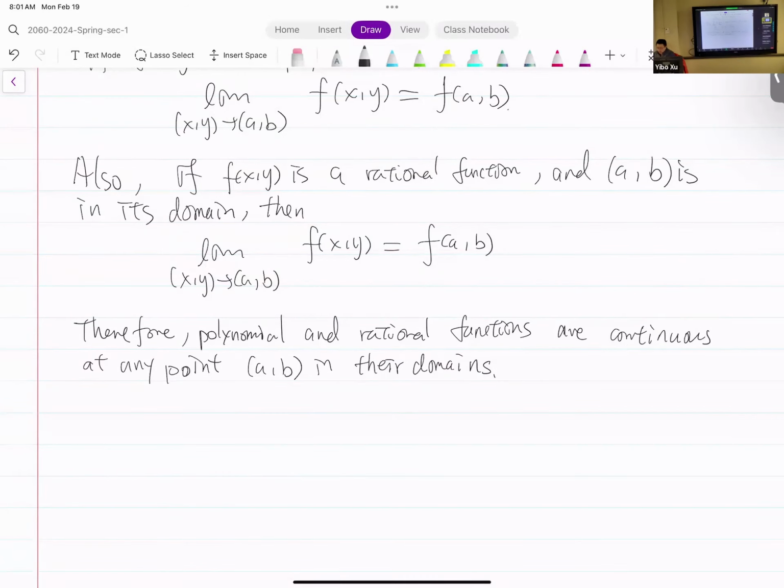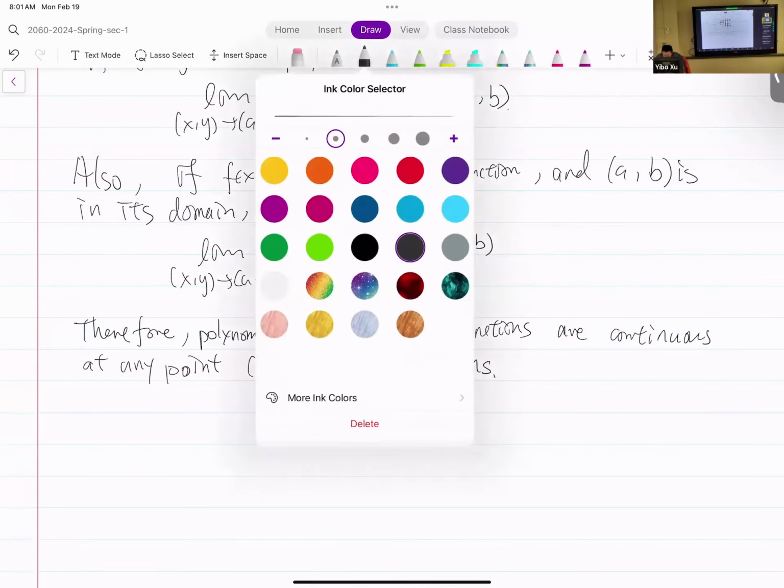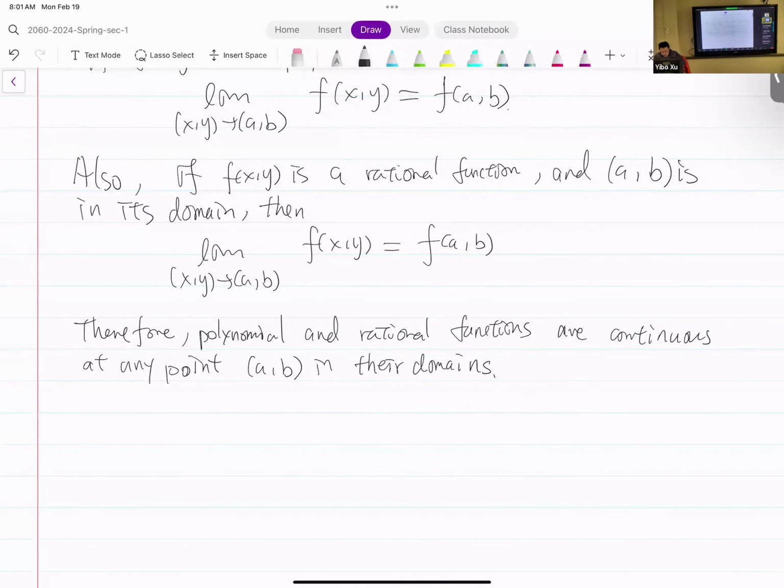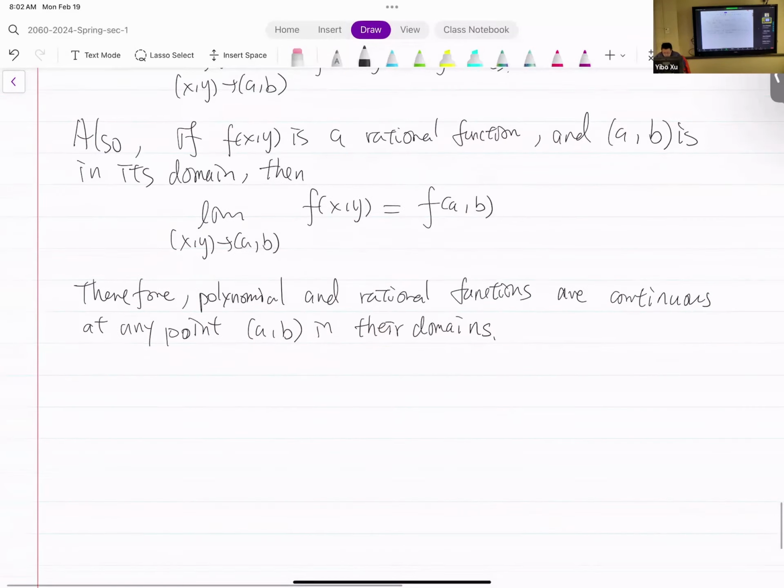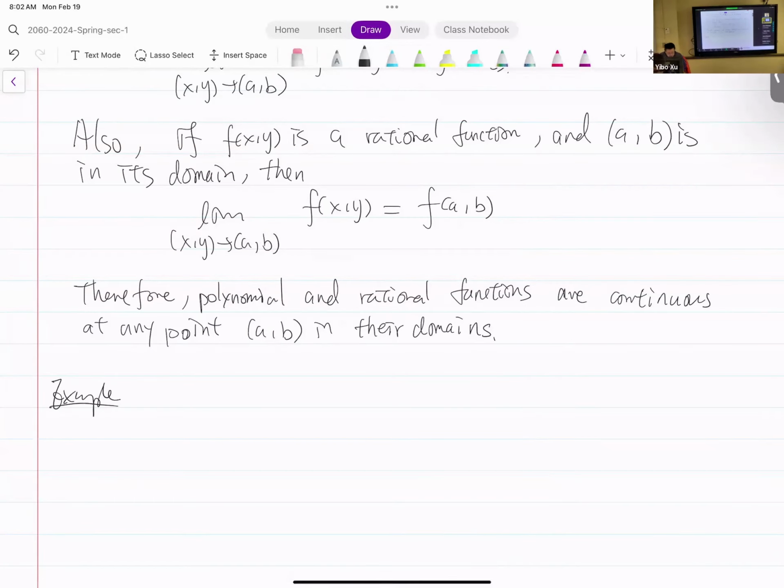Now, we know that if the function is well defined, either a polynomial function or a rational function, you can just take the input pair and plug in. That will be a really simple calculation. So let's look at some examples. Let's say our f of xy is a polynomial.